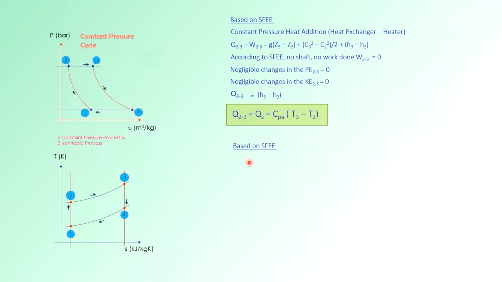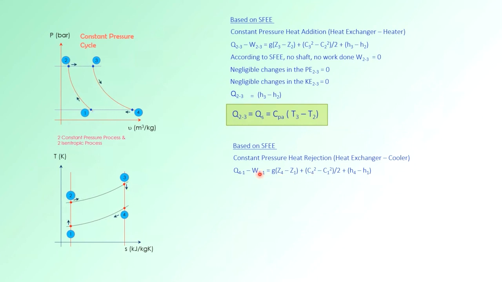Then based on steady flow, again for the cooler, 4 to 1, constant pressure heat rejection. The heat exchanger, that is the cooler, is the device we use here, and this is the heater. The heat is supplied from an external source, while in the cooler the heat is rejected to the outside.